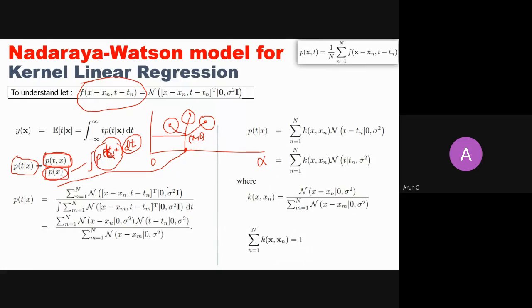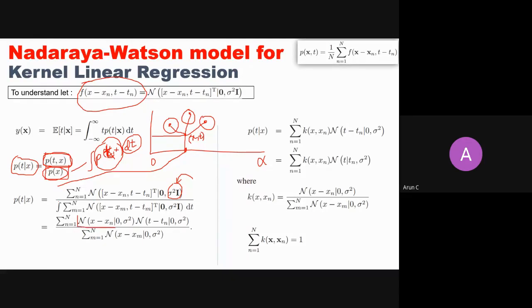Now let's do one more simplification. Because they are marginally independent, my x and t, because my covariance matrix is just an identity, I can write my distribution in terms of a multiplication.